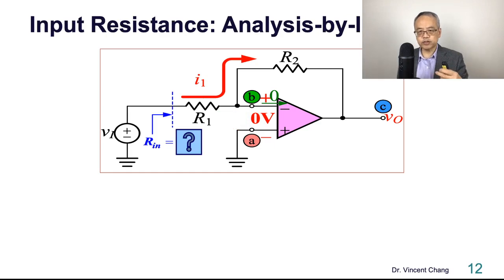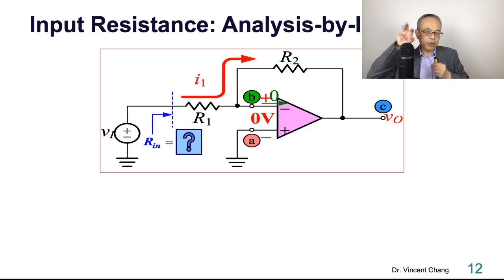So the next question I want to ask you is, what's the input resistance of this inverting amplifier? The input resistance is defined by the resistance between the input terminal and the ground, in other words, the resistance seen by the external source, VI.